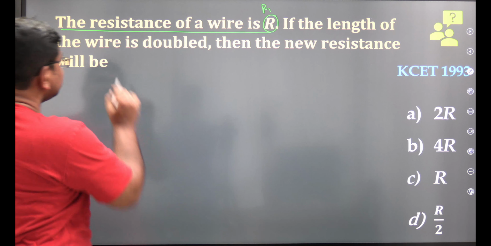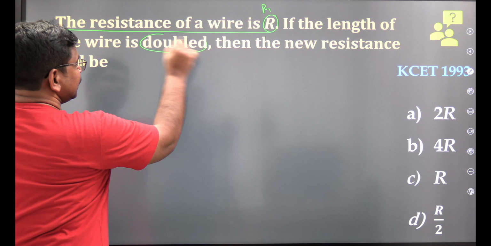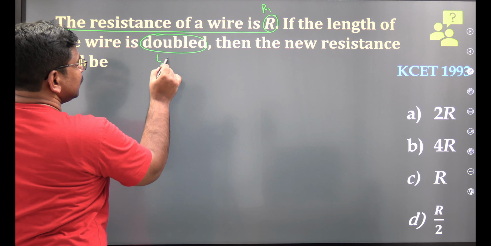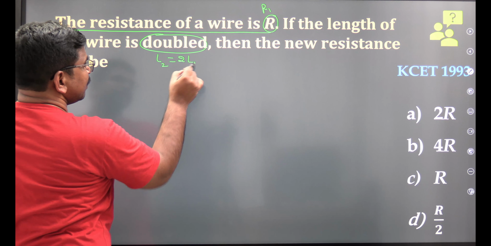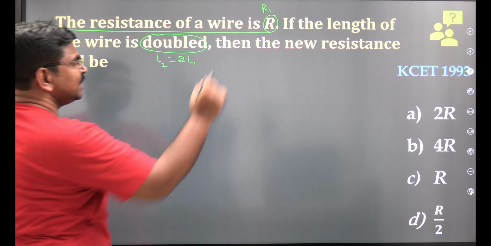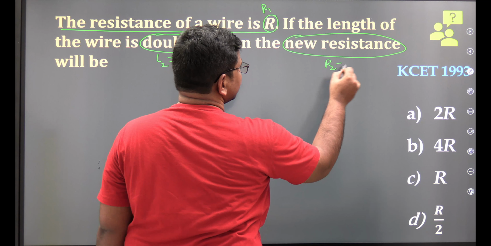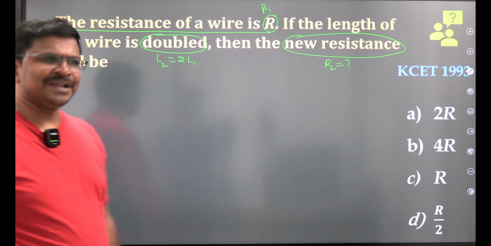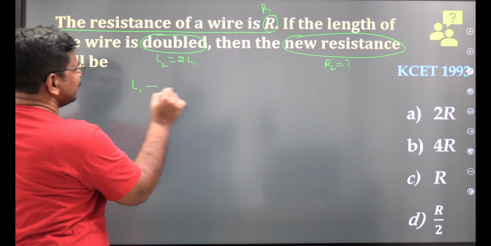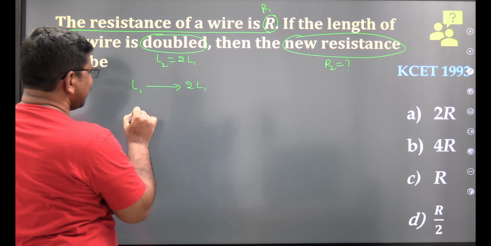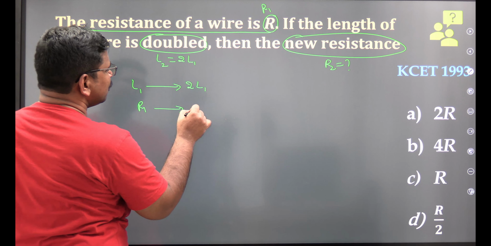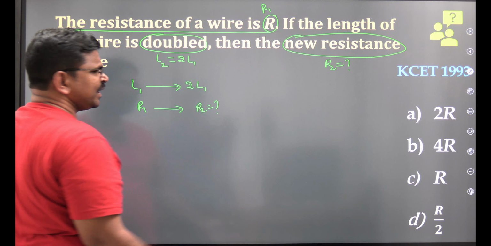If the length of the wire is doubled, that means the length became double of the original one, then the new resistance, that is the second time resistance R2, equals how much? Here L1 became 2L1 and R1 became R2. You need to find that out.